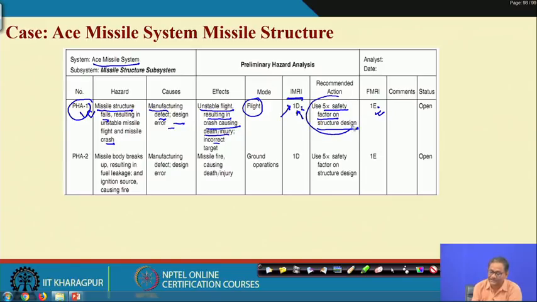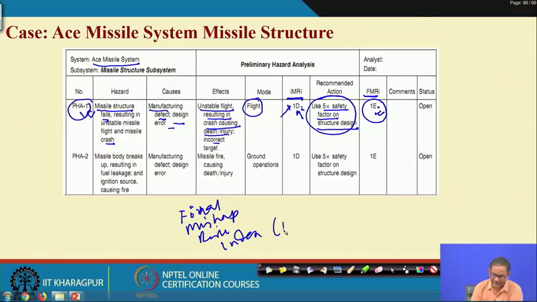If you take this action, then what will happen to the final mishap risk index, FMRI? Open means it is not yet done. Similarly, the other one.